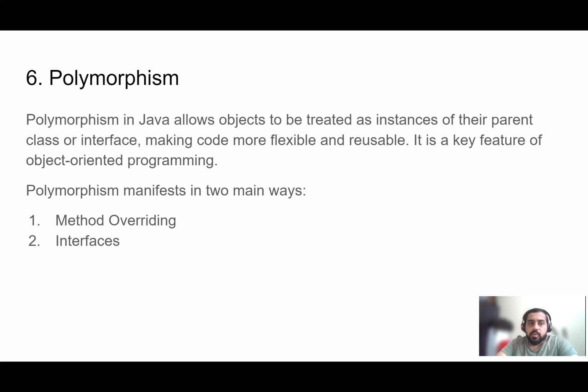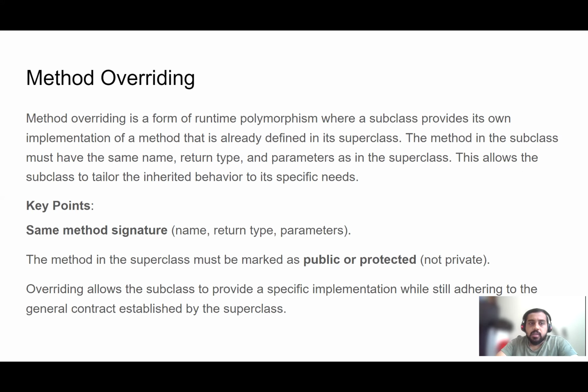Let's see one by one. What is method overriding? Method overriding is a form of runtime polymorphism where a subclass provides its own implementation. Means a child class provides its own implementation, but the method definition and its implementation is already defined in its superclass or parent class. Still, the child can give its own implementation.